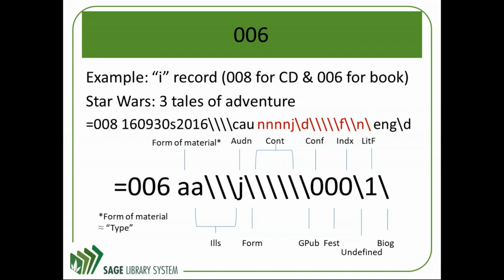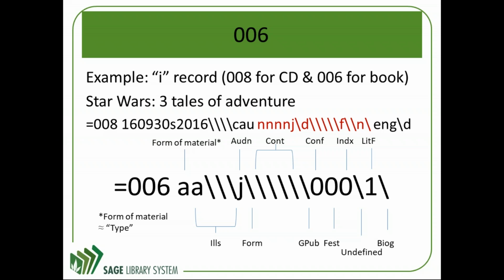And as we see here, getting back to the whole literary form versus literary text for sound recordings in the 008: that F there is for the literary text for sound recordings, and so we're using the code F for fiction. But because in the 006 we're talking about a book, it switches to literary form, and we're using the code 1 to designate fiction.